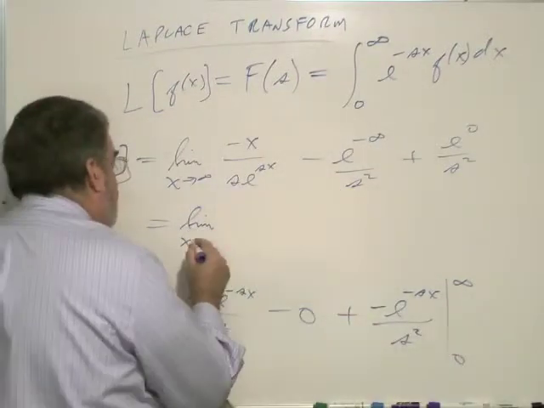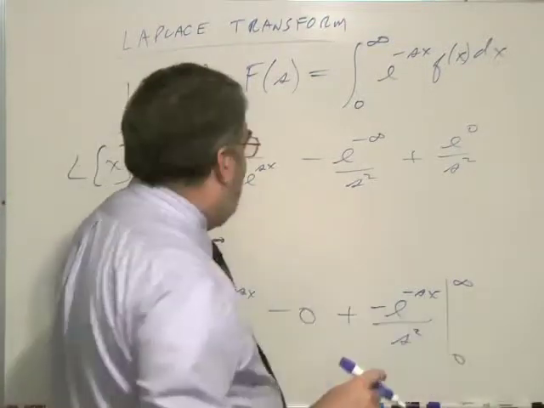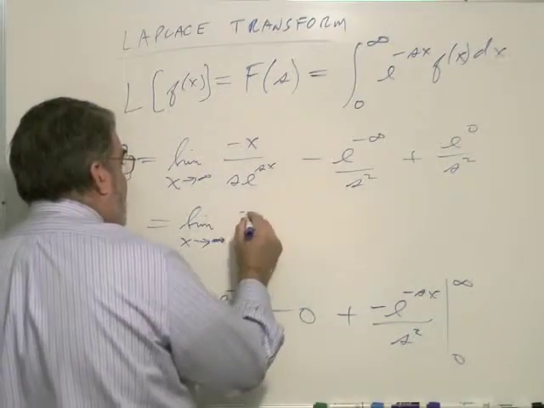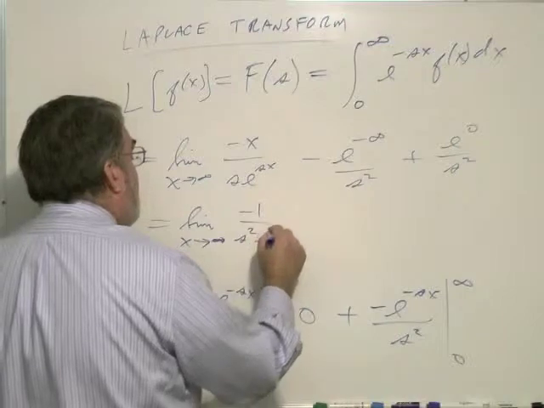So that's just a reminder that sometimes we have to use L'Hopital's rule. So this limit, as x goes to infinity, I take the derivatives. It's minus 1 over s squared e to the sx.